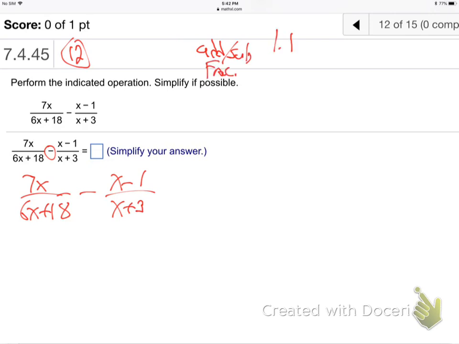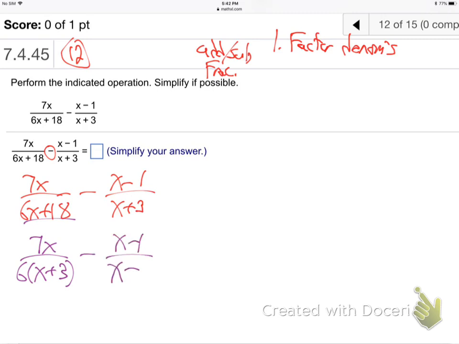Step 1, factor denominators. So I'm going to do that. This one can take out a 6, the GCF. And the other one can't factor, x plus 3.